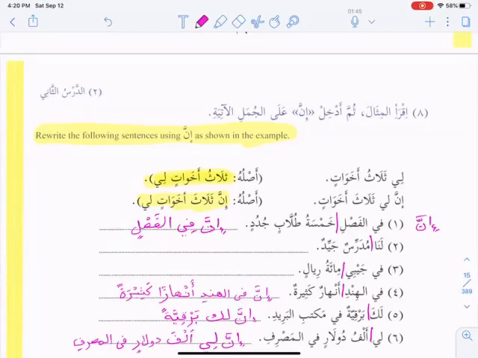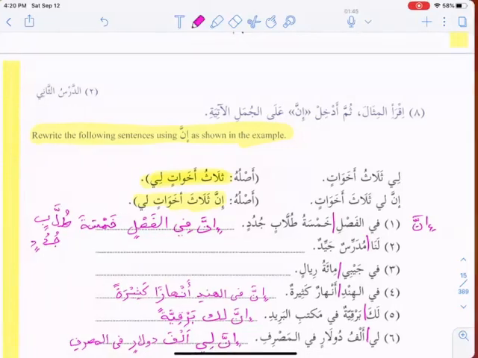Inna fi fasli khamsata. Here it is tulabin jududin. No changes. So, inna fil fasli khamsata tulabin jududin.